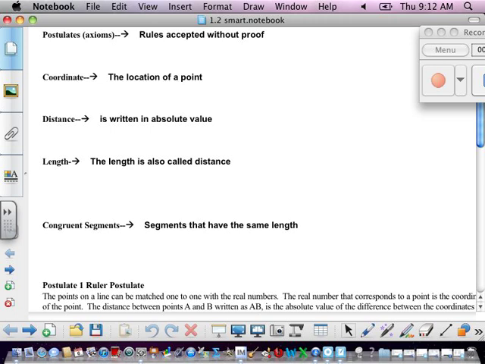So I put a ruler on everybody's desk. There's also a protractor, that half circle thing, inside your box, and that also has numbers on it. But why don't you guys, at least a few of you at your table, measure this length for me under ruler postulate.